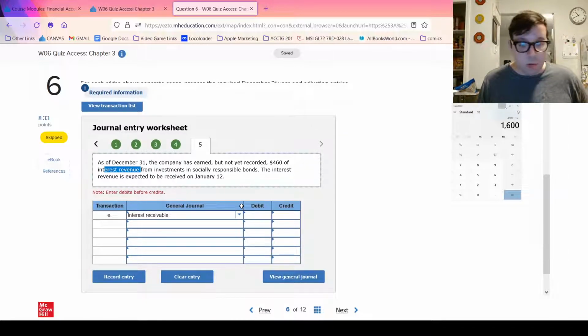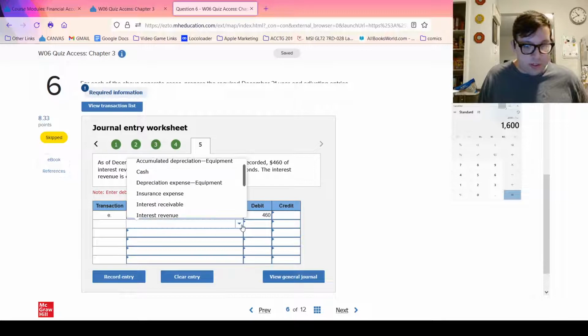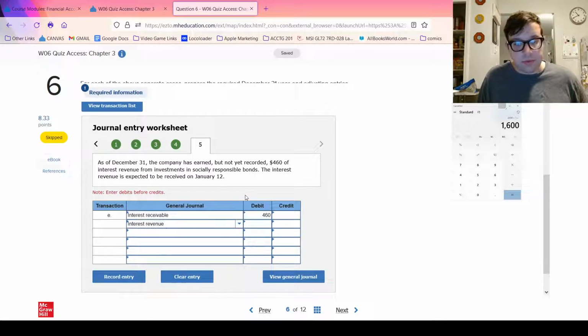So $460 is going to be debited in the interest receivable account, and then we're going to credit $460 to the interest revenue. All right, and that is the record of the interest earned for this transaction.